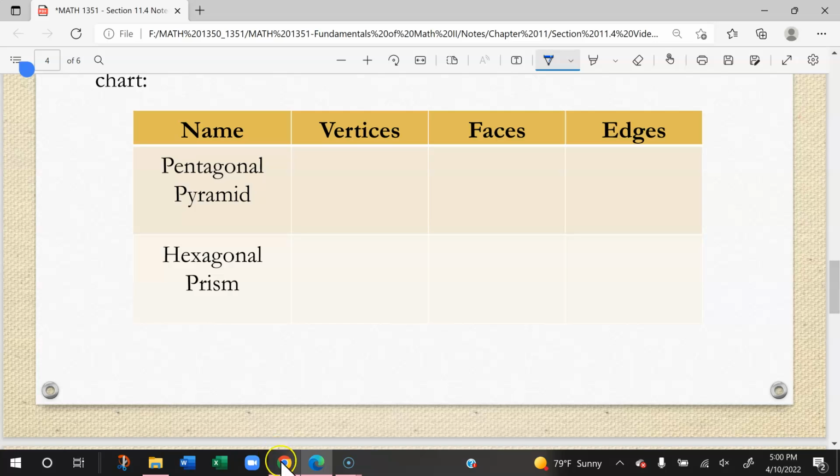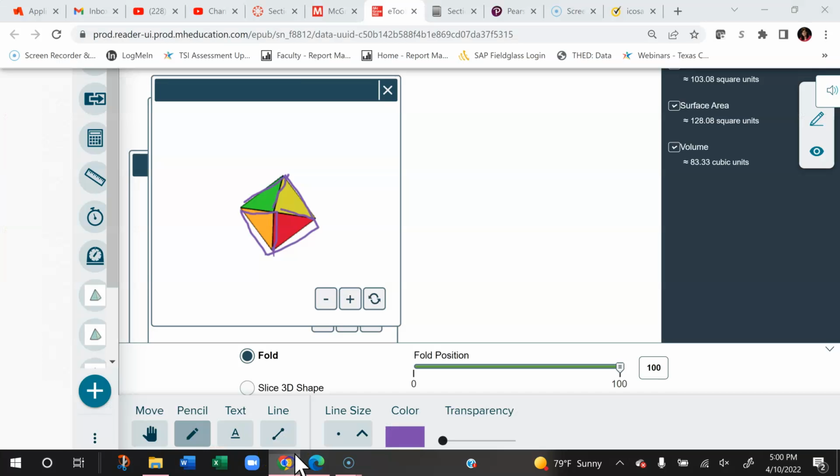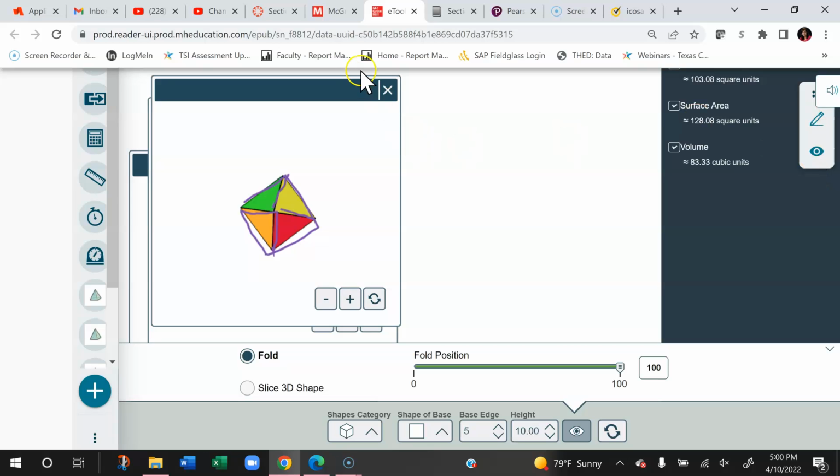A pentagonal pyramid. And let's go back over here because I do have one of those. I'm going to get rid of this one if I can. Let me try to, it's not letting me. Okay, now maybe it'll let me get rid of this.